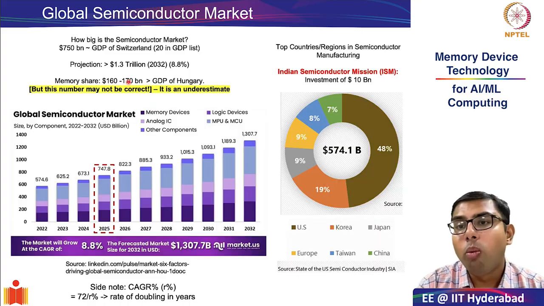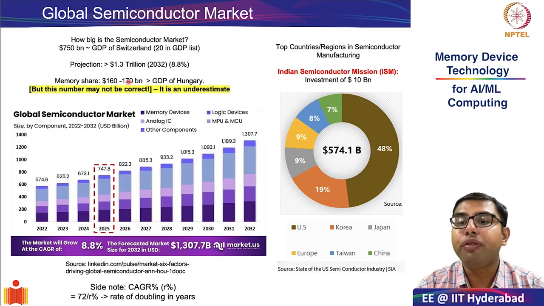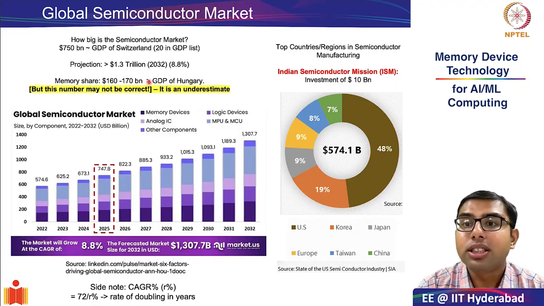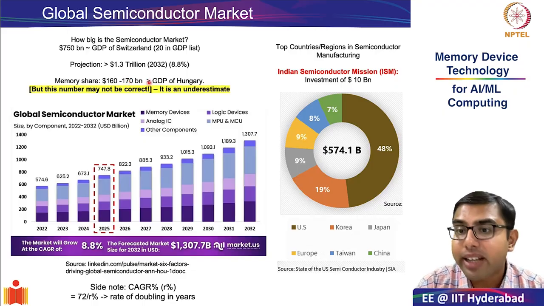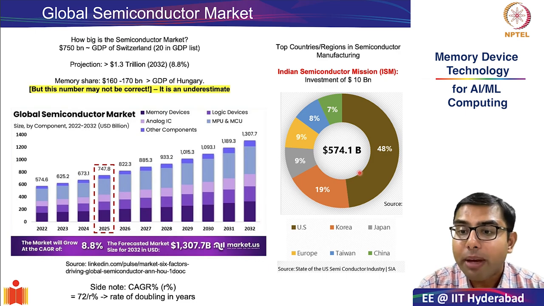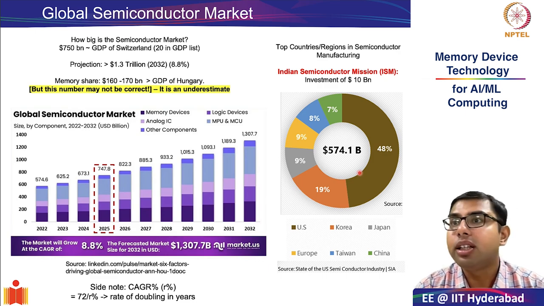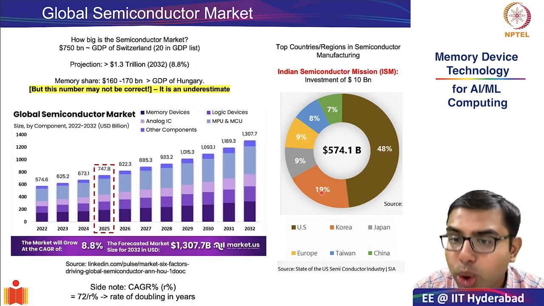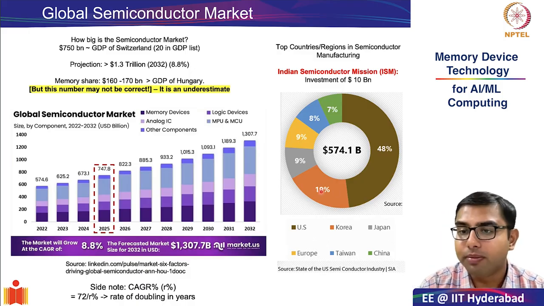Okay. What is the share of semiconductor manufacturing country-wise? Here we see that still the United States captures more than 50% of all of the semiconductor manufacturing market, followed by South Korea and Japan.